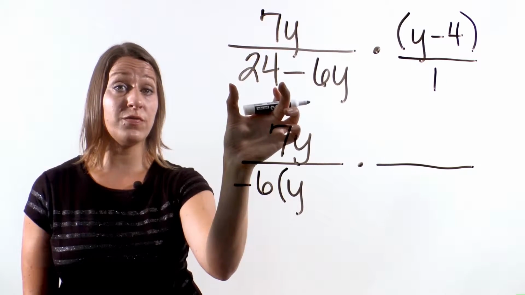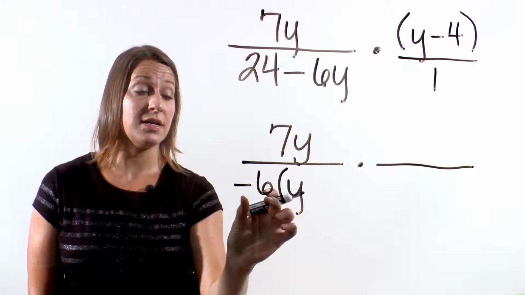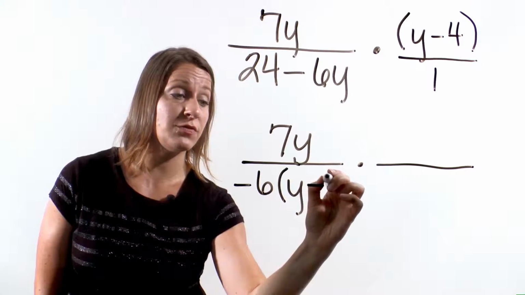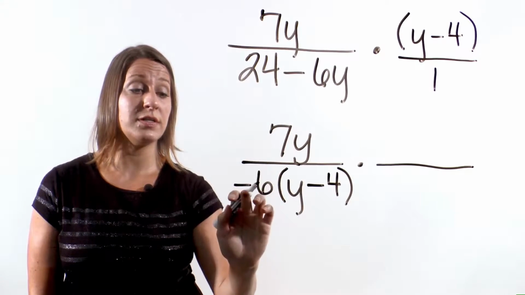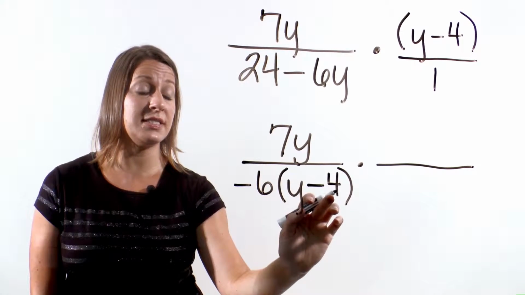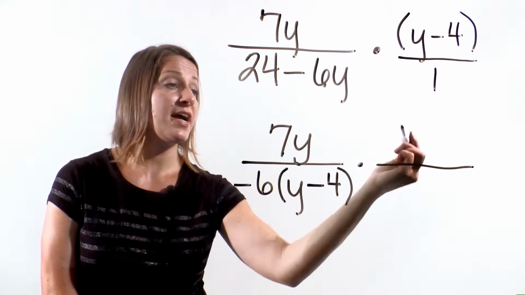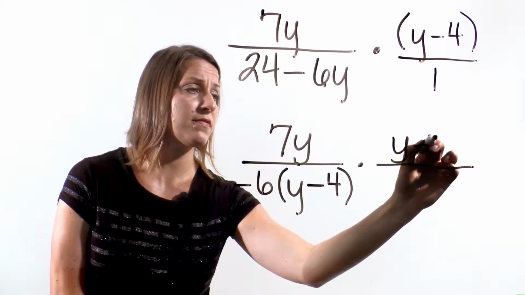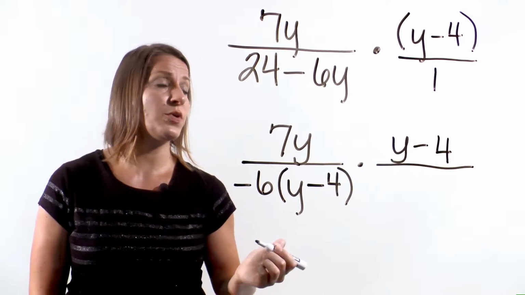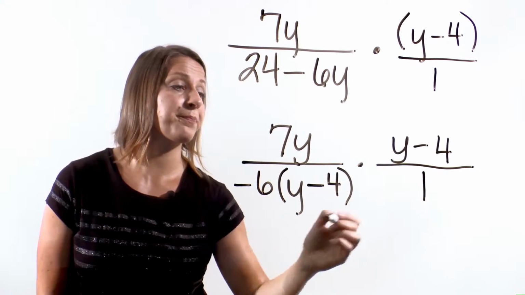If I have 24, if I factor out a negative 6, I'm left with a negative 4, because 24 divided by negative 6 is a negative 4. Over here, I have y minus 4. I could drop those parentheses off and just put y minus 4. And then, of course, I have my 1.